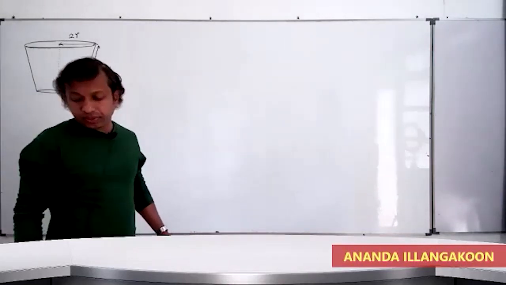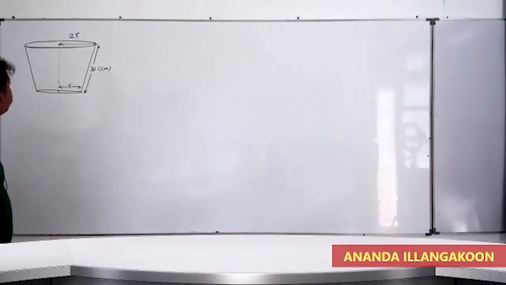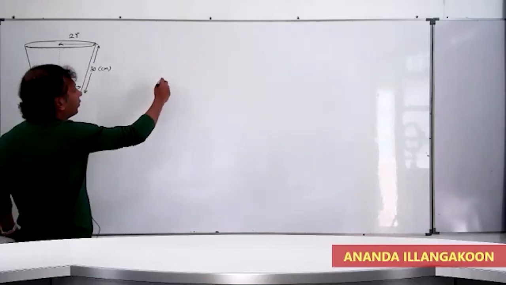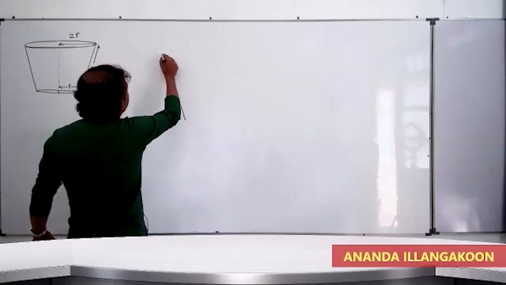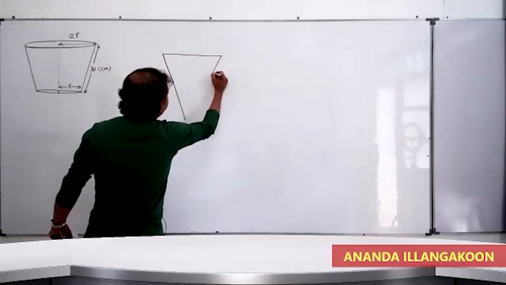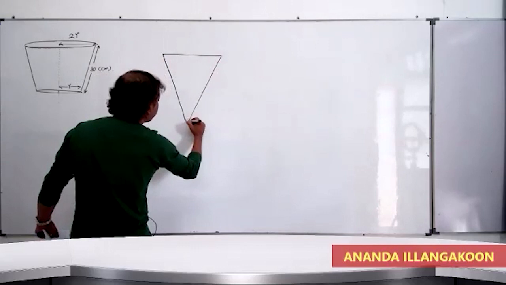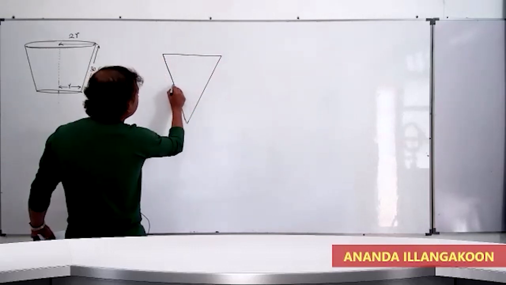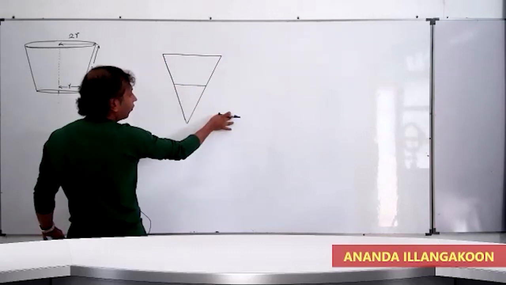Right? We can complete this cone, the whole cone. This is obtained, people, like this. We have a complete cone. From that complete cone, we cut and remove this kind of cone.